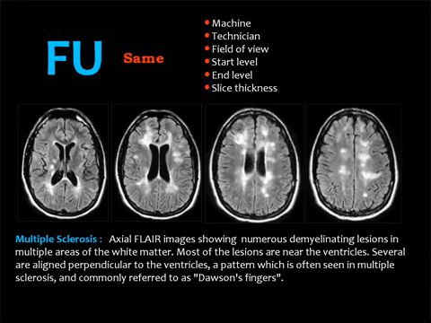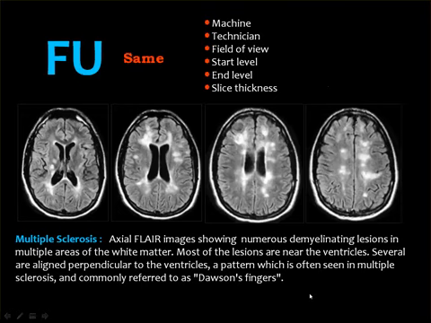Actually, I know that in practice, maybe in other countries, they can use software to compare the studies without any effort from the radiologist. But this comparison needs that both examinations be on the same machine, the same technician, the same field of view, the starting level, the end level, and the slice thickness, which is impossible in our region.